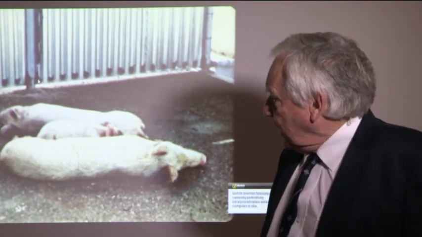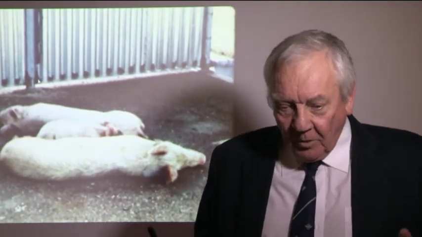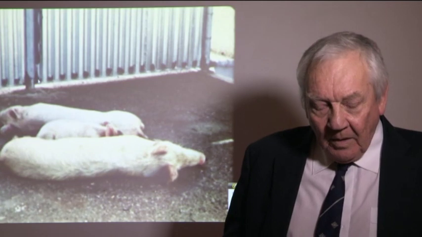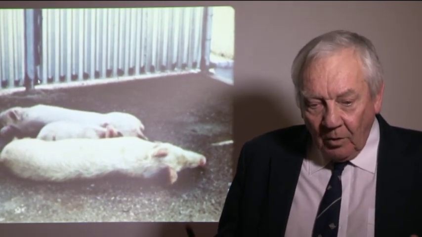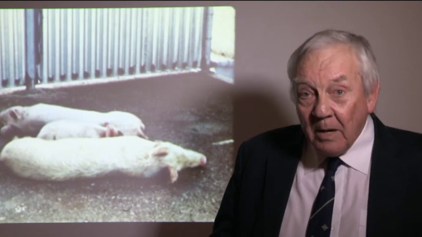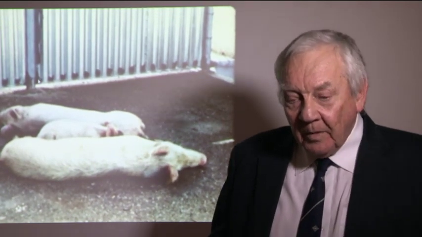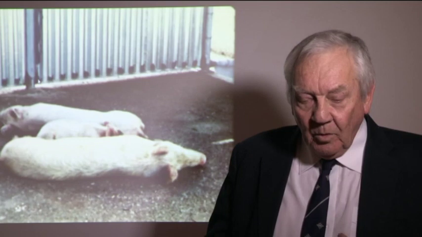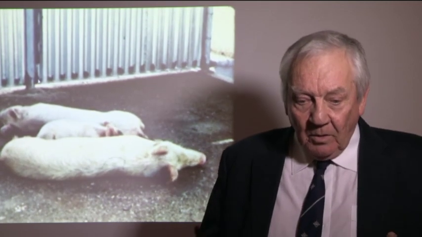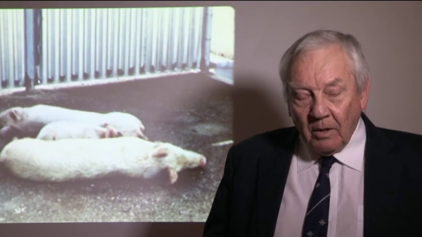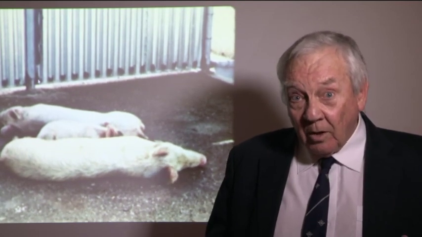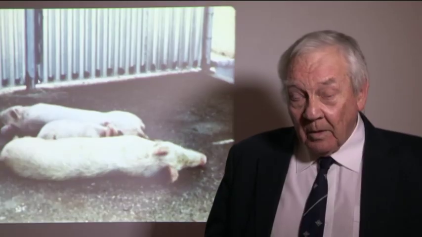So what we're doing here is I'll first do a clinical examination, and then I'll go on to look at the sampling from that, the sampling to attempt to isolate and characterise this virus for the first time in Australia.